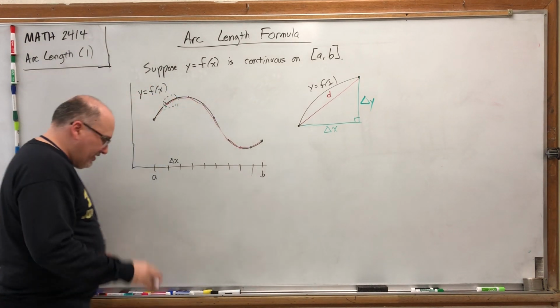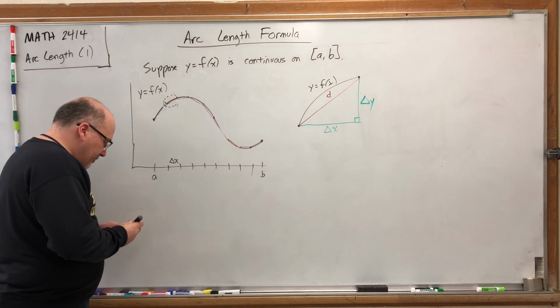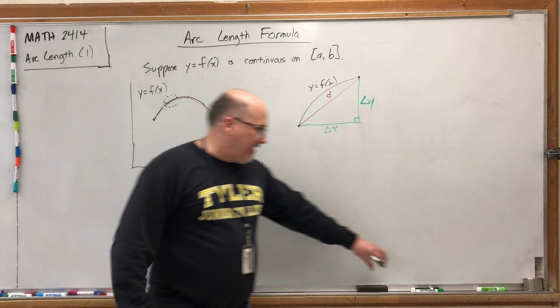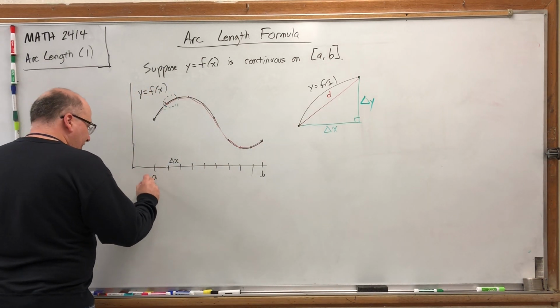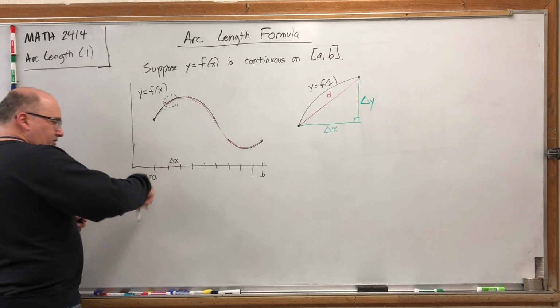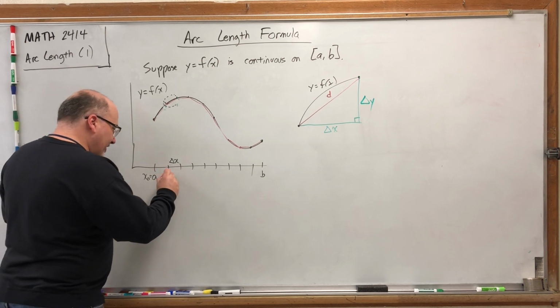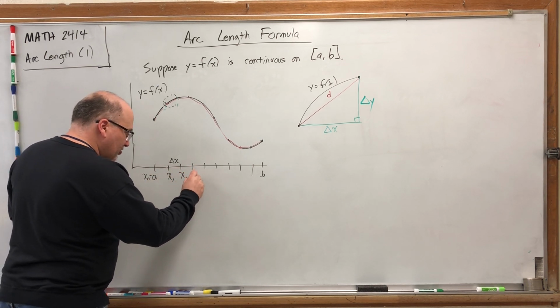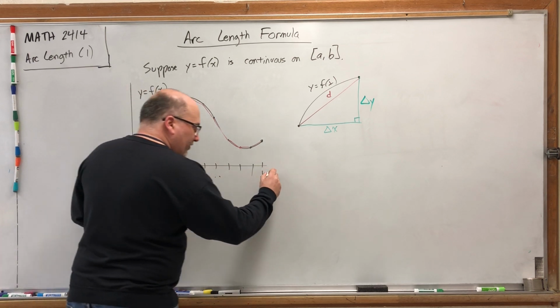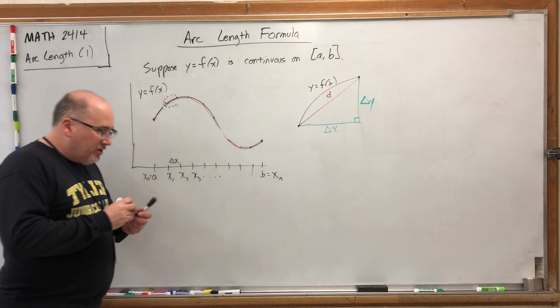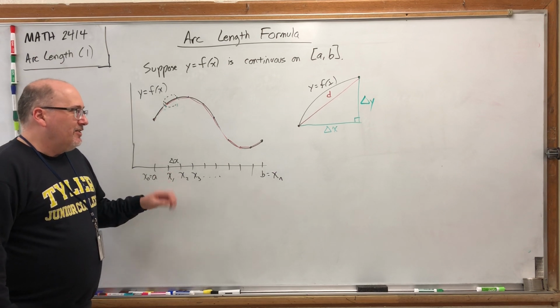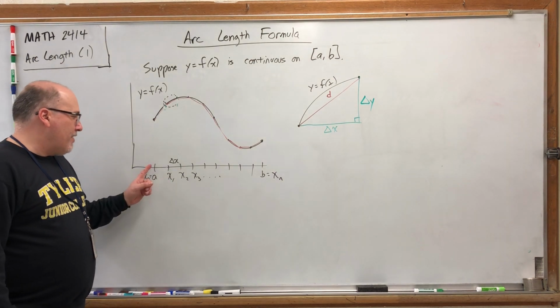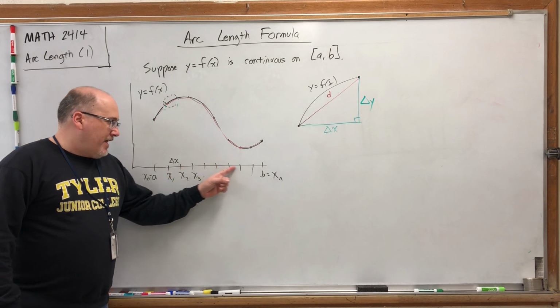And technically speaking, these should have some i subscripts, because when you do a partition on the x-axis, you really partition it by saying x0 is whatever this a is, and then x1, and then x2, and then x3, all the way down to whatever the last one is, you call it xn. So really, when we talk about a delta x and a delta y and a d, we should make reference to the partition that it comes from.